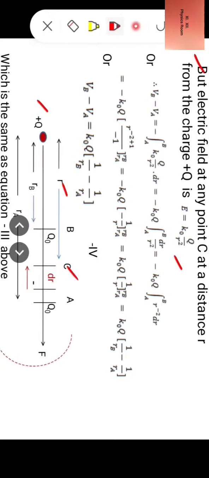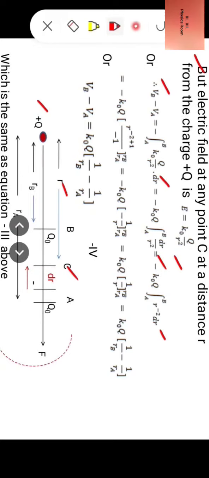Therefore Vb minus Va is equal to minus integration a to b k naught q by r square into dr. We replaced E by k naught q by r square, or it is equal to minus k naught q integration a to b dr by r square, or it is equal to minus k naught q integration a to b r power minus 2 dr.